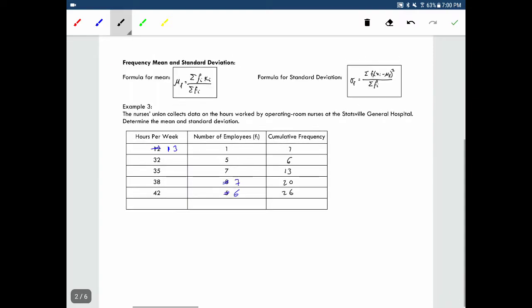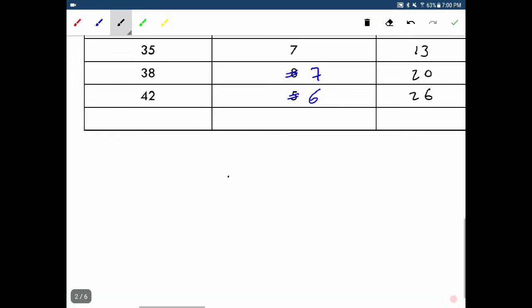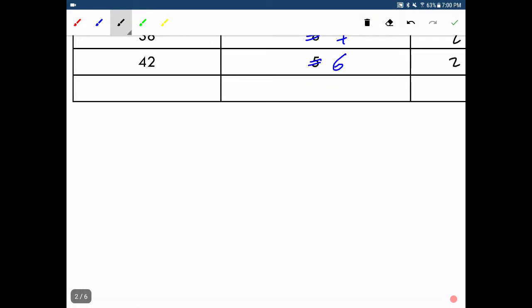So the first thing we're going to do is calculate the mean. It is a frequency mean, obviously. So we're going to add the frequency times the data over the sum of the frequencies.